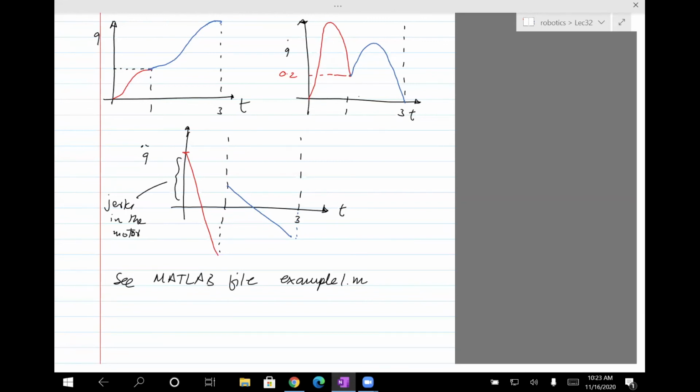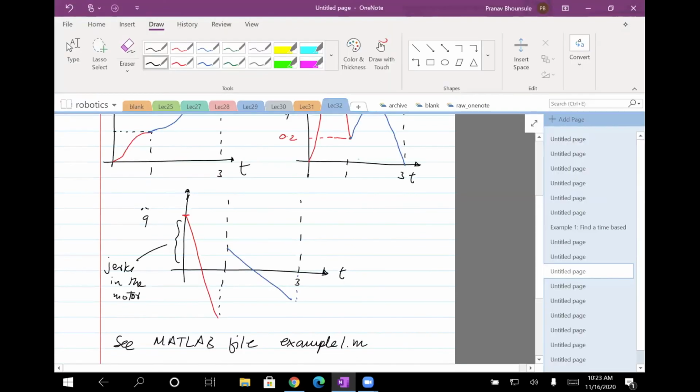It solves for X and then does these plots, so you don't have to do them by hand or use a calculator. You can use MATLAB to do it. As I said, in summary, once you identify the polynomials, it's just a matter of crunching the numbers and solving the problem. Here is another problem, which I will quickly lay down to give you an idea of how these things are done.